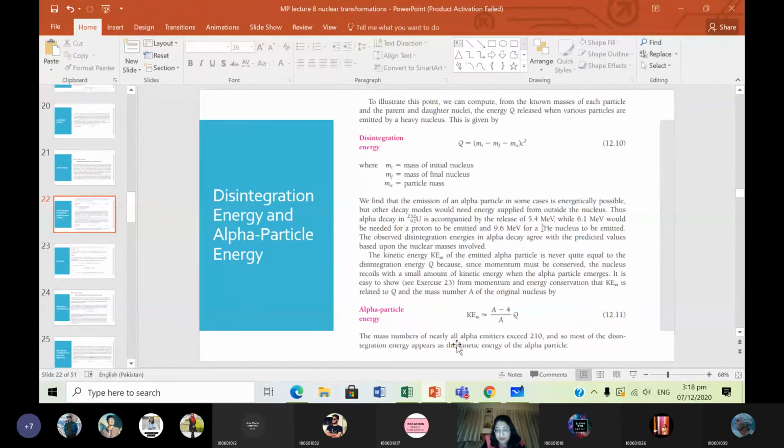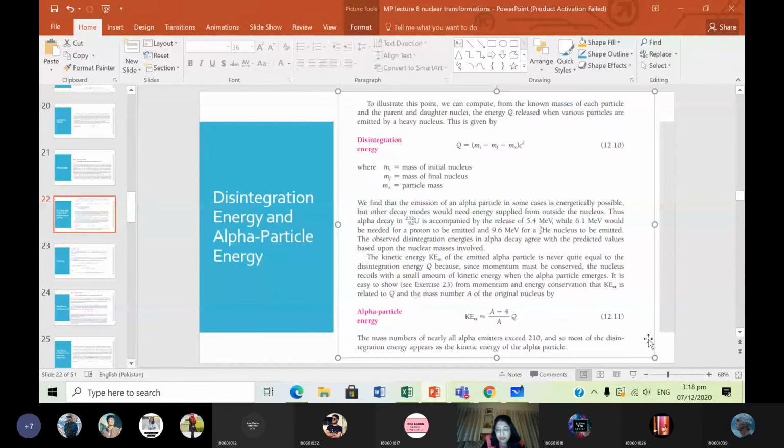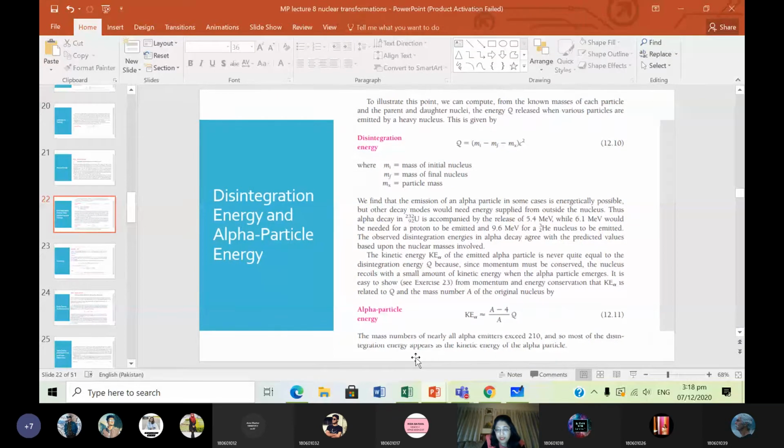The mass numbers of nearly all alpha emitters exceed 210, so most of the disintegration energy appears as the kinetic energy of the alpha particle. Nearly all nuclei that emit alpha particles have A greater than 210 in most cases.